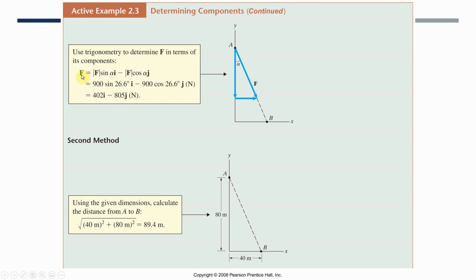So force is going to equal the magnitude, 900 newtons. Notice the notation. They'll put the unit in parentheses at the end of the equation. 900 newtons sine of alpha, that's this length, plus 900 newtons times cosine of alpha, and in this case it's negative.